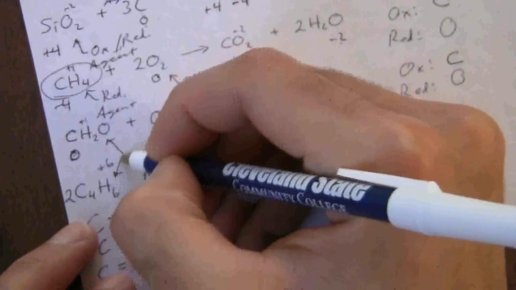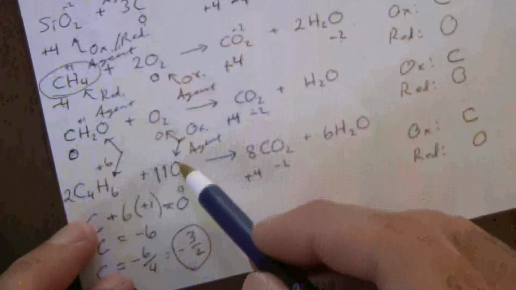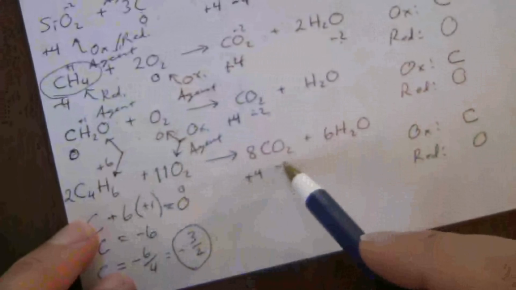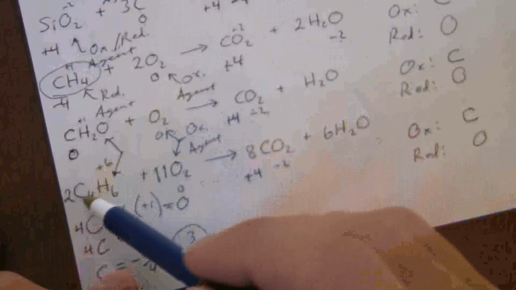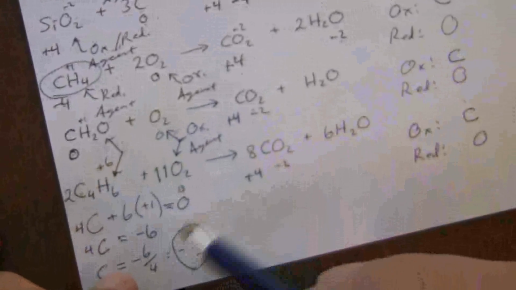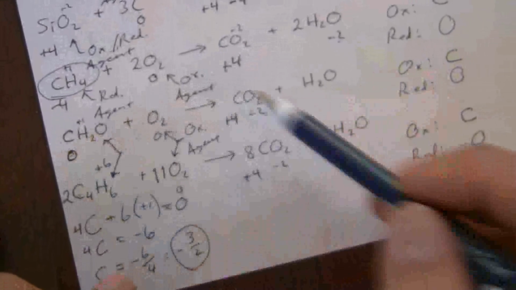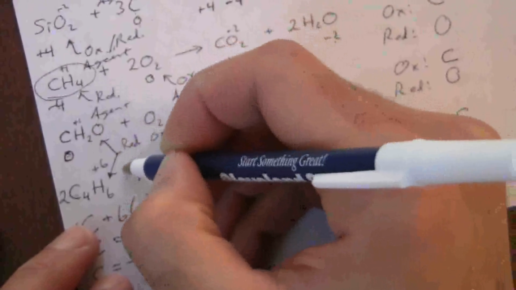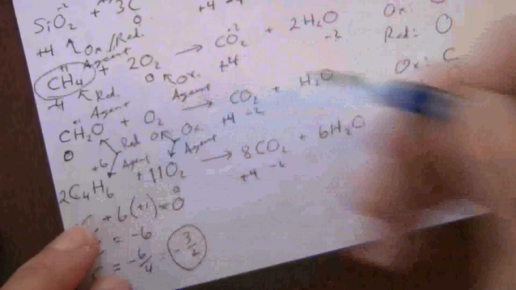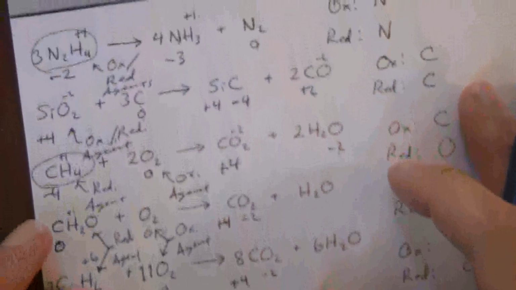So, because it's the fuel that is responsible for reducing the oxygen from 0 to -2, and it's the oxygen that's responsible for oxidizing the carbon from, in this case, -3/2 to 4, in this case, from 0 to 4. Okay, so this is my reducing agent.